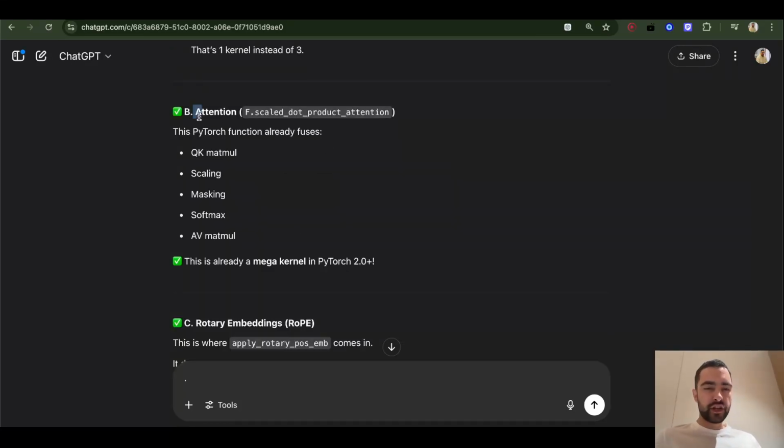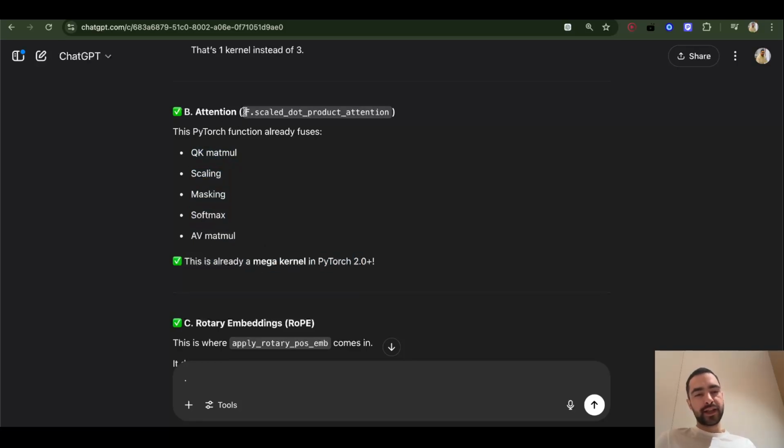And then the attention kernel. In the attention mechanism, you have a query key matmul, scaling, masking, softmax, and the attention weight multiply. You can fuse all of this, but it's already fused in PyTorch 2.0 plus. They already made a mega kernel for this because it's a very common operation.